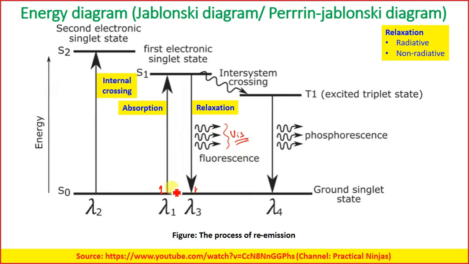Now if you see, here also the rotation of the electrons is anti-parallel, so it is coming to the singlet state. While it is radiating some energy, from lambda 1 to S1, it has absorbed say 100 photons, for example.